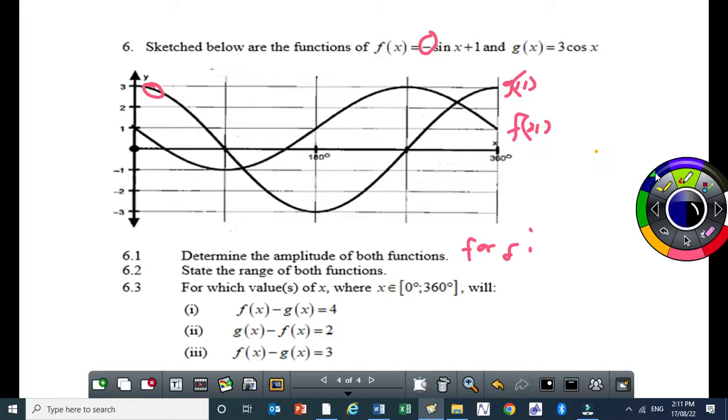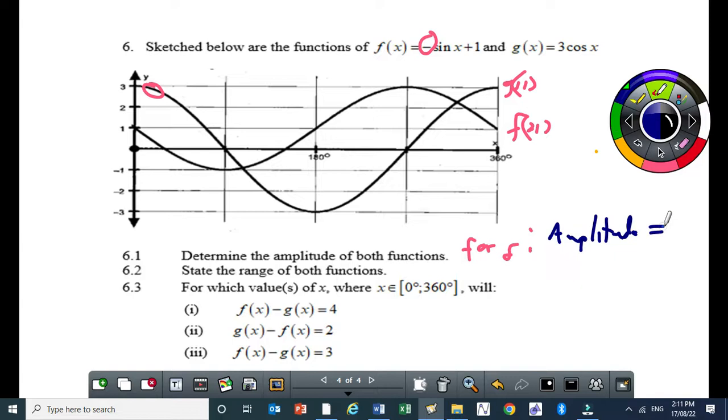So for f, amplitude is equal to 1. What's the minimum? It's minus 1, and the maximum is what? 3. So it will be 3 minus 1 all over 2.